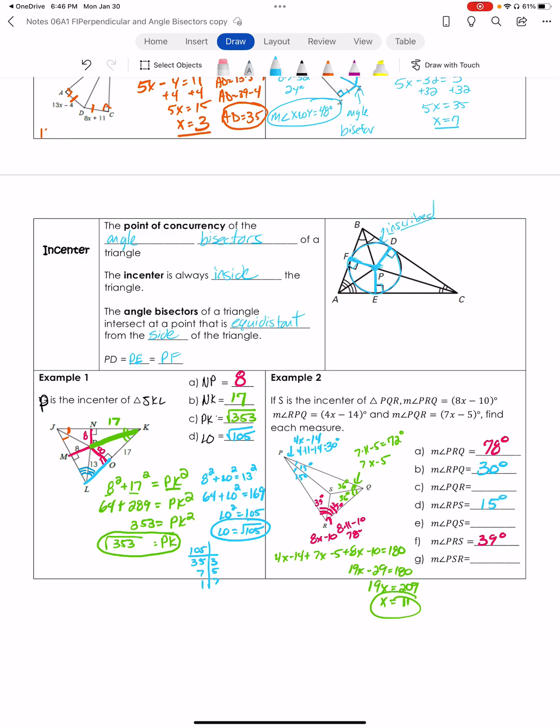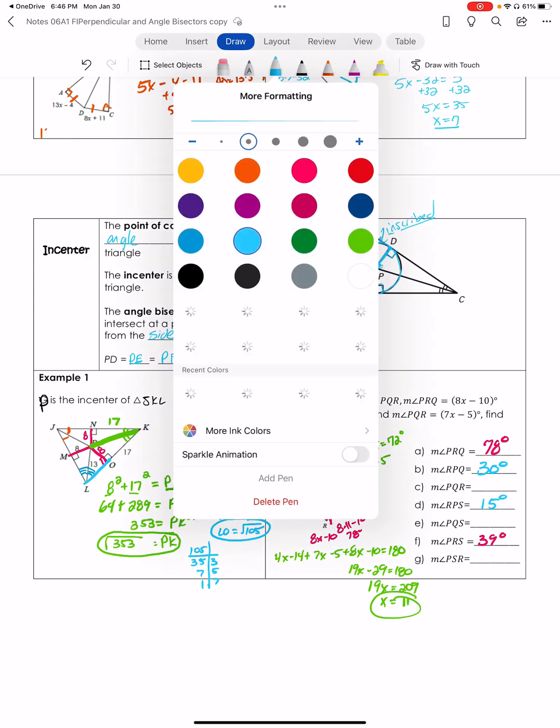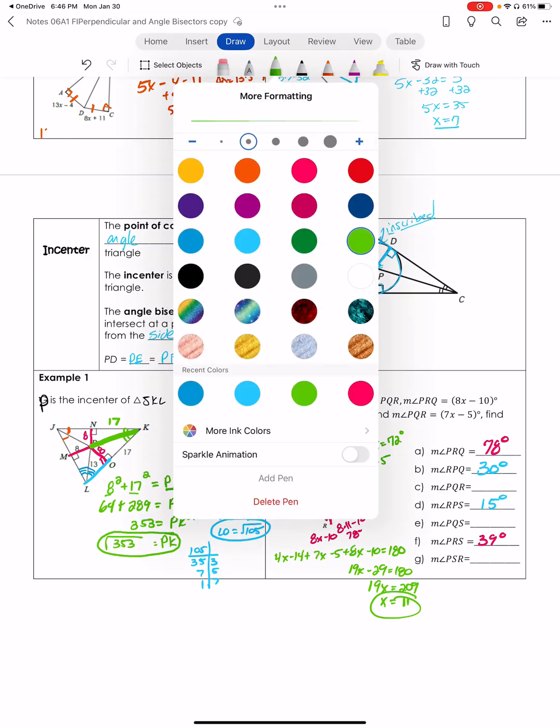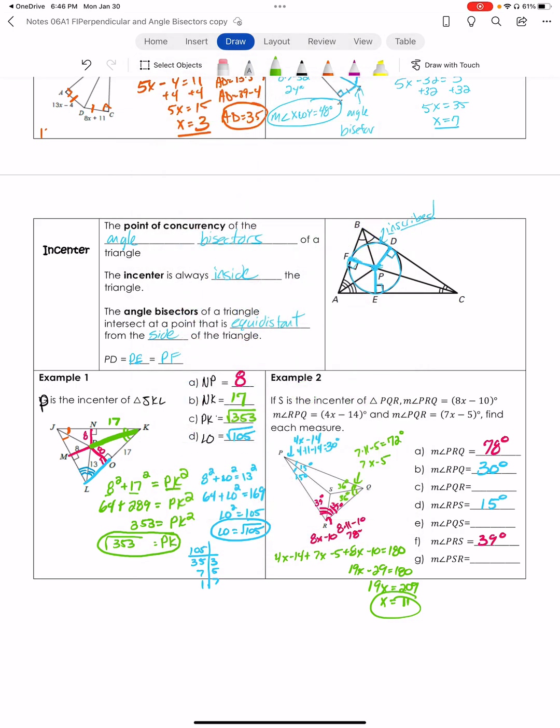RPS is 15 degrees. PQR was 72 degrees. PQS was 36 degrees.